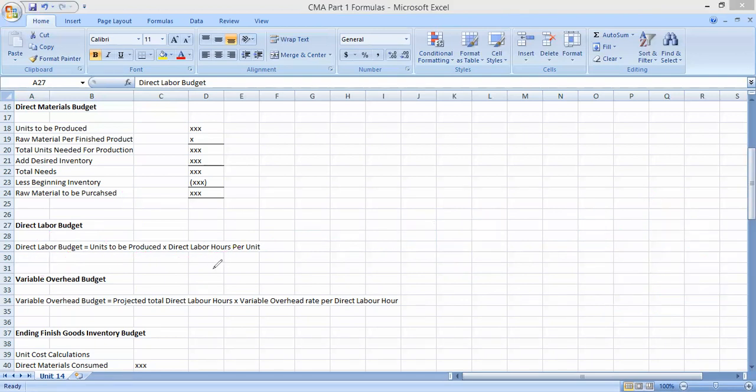Correct. So next one, students, we have the variable overhead budget. We are continuing. This will be a little long video, but given the importance of the topic, we are trying our best to give you the details. So the next one, students, we have the variable overhead budget.